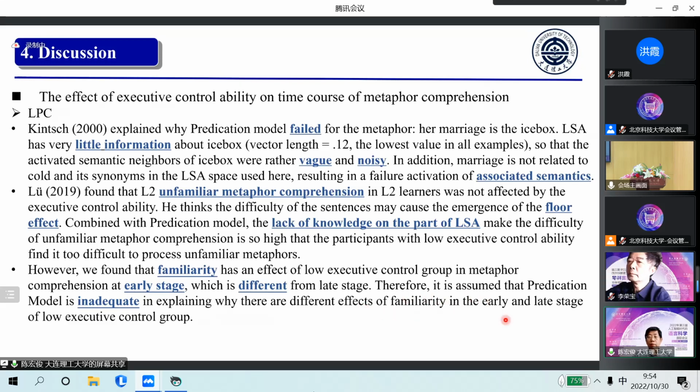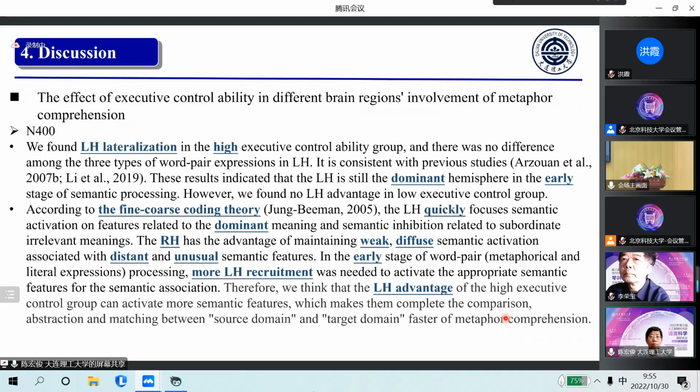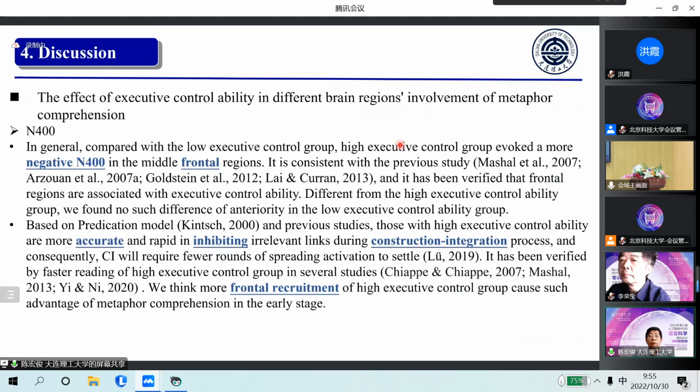So we assume that the predication model is inadequate in explaining why there are different effects of familiarity in the early and the late stage of the low executive control group. For the high executive control group, familiarity doesn't play very much role. So this is the brain region involvement, or the lateralization discussion.